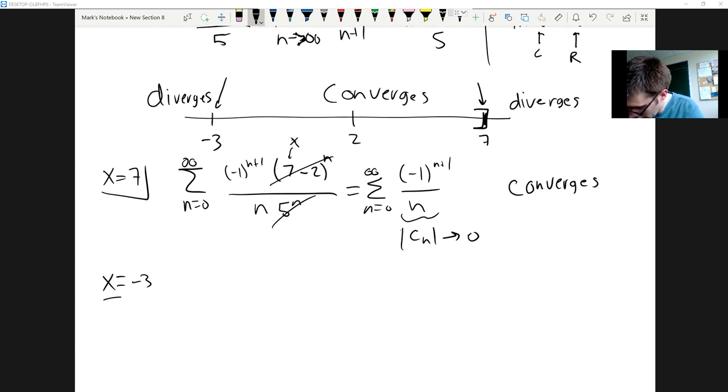But if we try negative 3, our other endpoint, we'll get negative 1 to the n plus 1 times negative 3 minus 2 to the n.